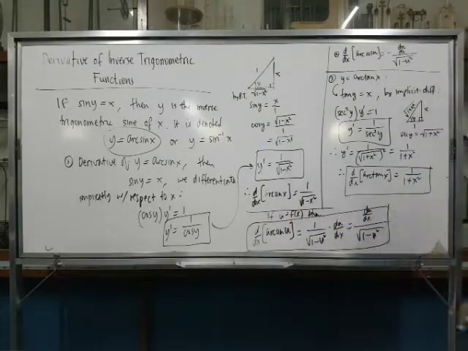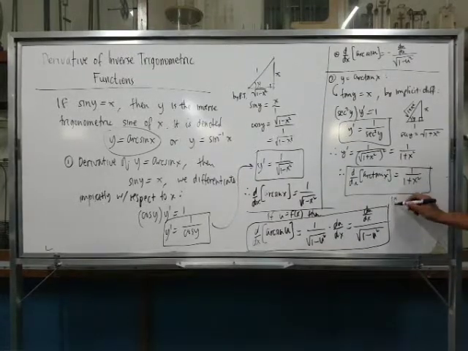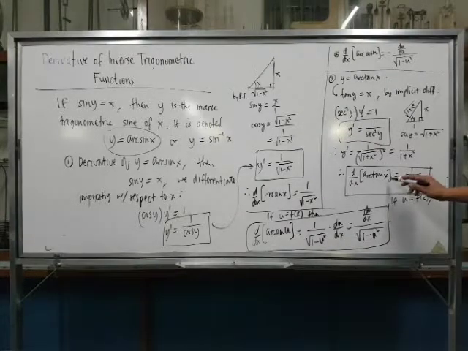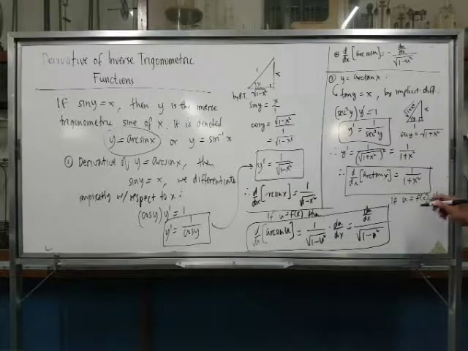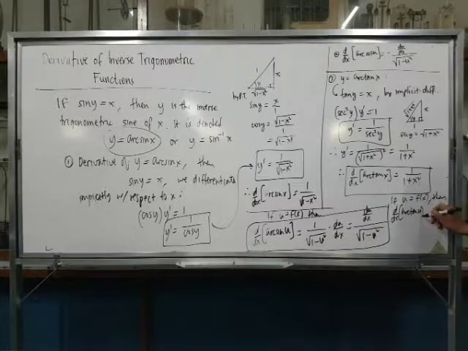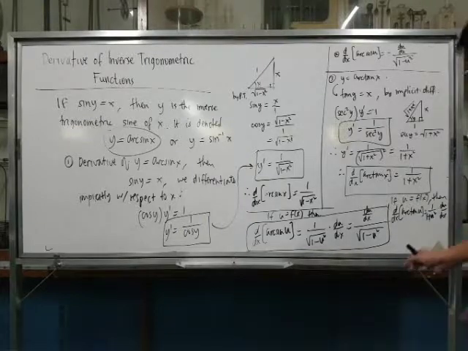Now again, if u is a function of x, then we can apply the chain rule. So x will be replaced by the letter u, and don't forget to multiply by du/dx, so that the derivative of arc tangent u equals 1 over 1 plus u squared times du/dx.